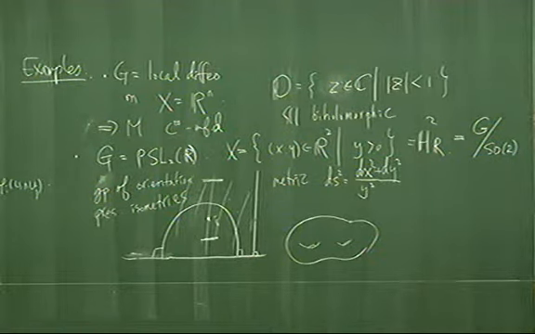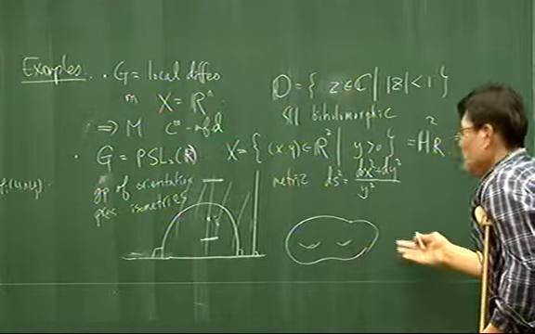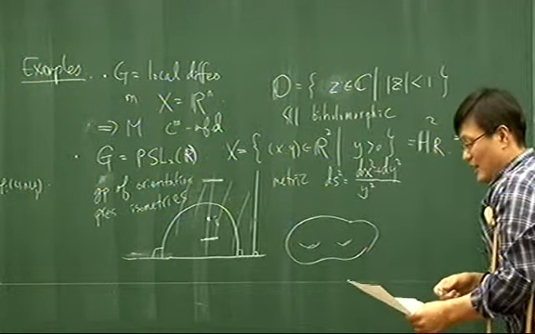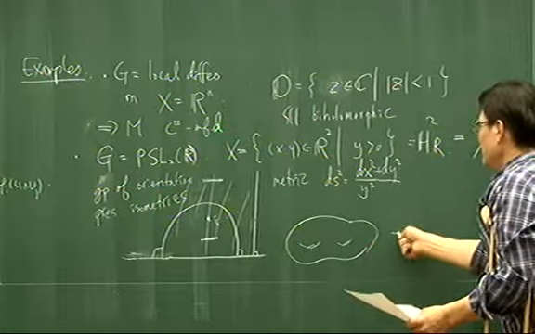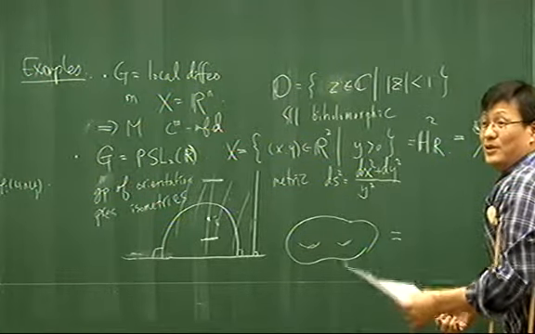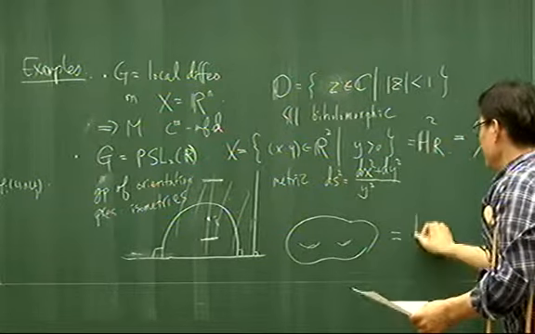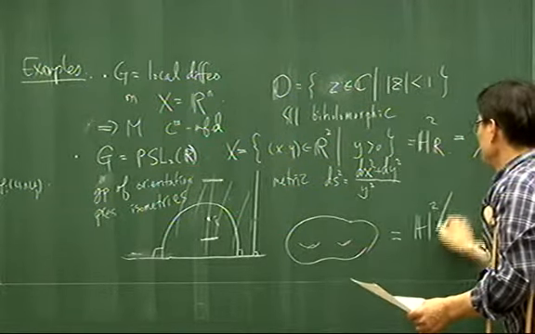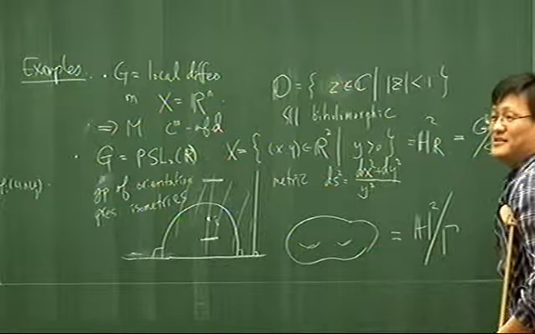So as I told you, by the uniformization theorem, any topological surface with negative Euler characteristic number can be written as H2 mod gamma.